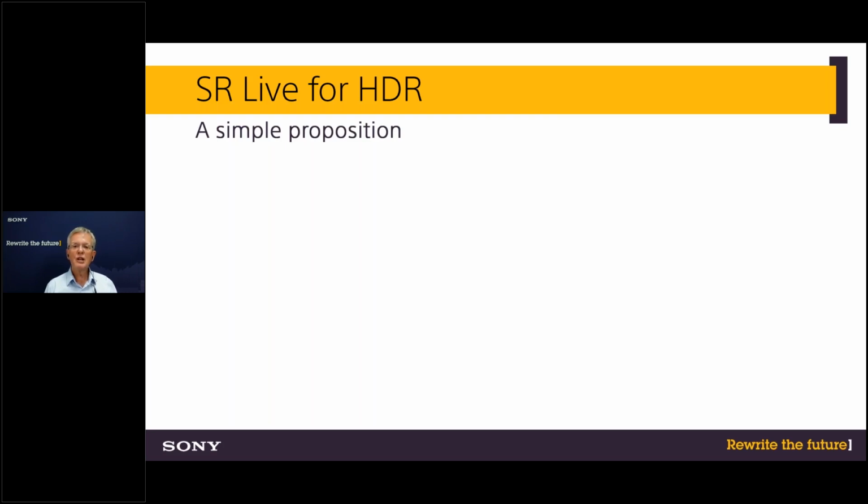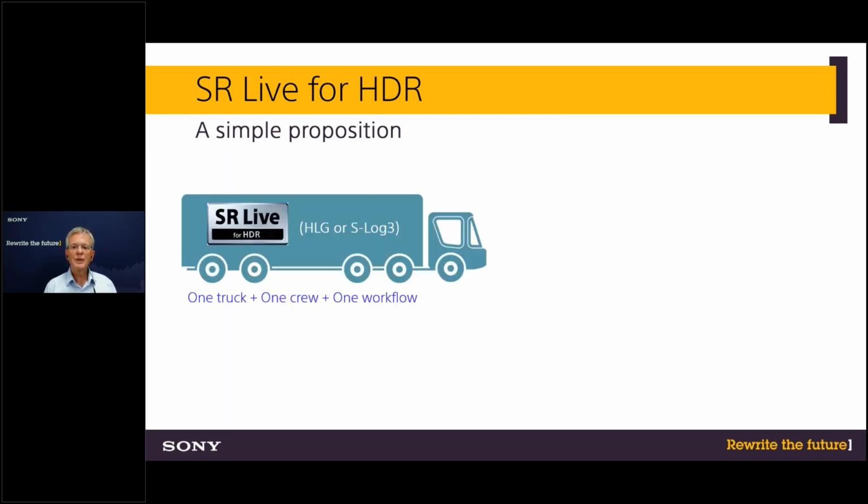So looking at SR Live in a little bit more detail, what is the proposition? Well, actually, the proposition for SR Live is very simple. Here's an overview of how the system works. Basically, the system is based on one truck or one studio configured for either hybrid log gamma, HLG, or Sony's S-Log3 transfer function for HDR operation.